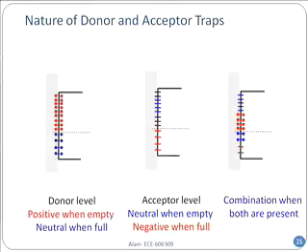If they are empty, that means they have not caught any electrons. So those will be charge 0, because an acceptor, until it catches an electron, is charge neutral. On the other hand, if it is below, then it's full.